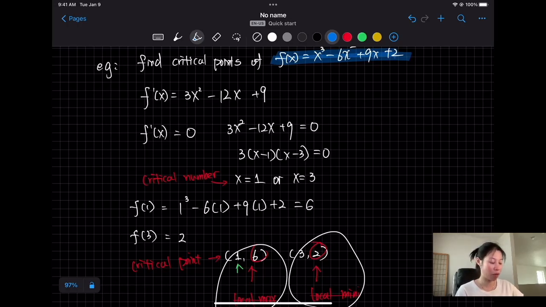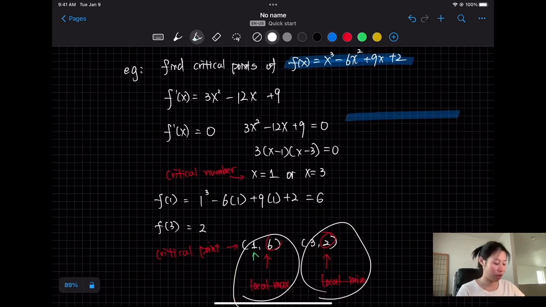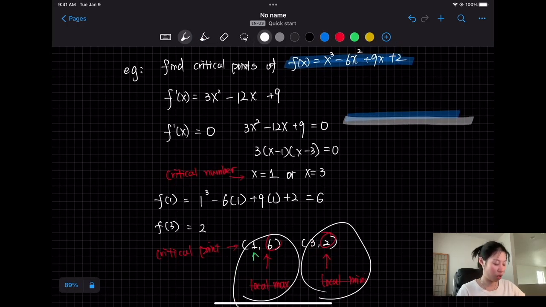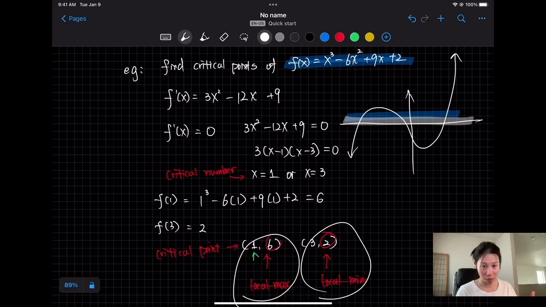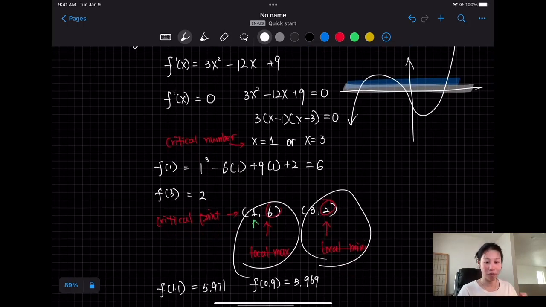Since there's no endpoint, most likely the graph can go as high as it wants. Probably the graph looks like this one. So in that case, we can say there's no global minimum or global maximum.